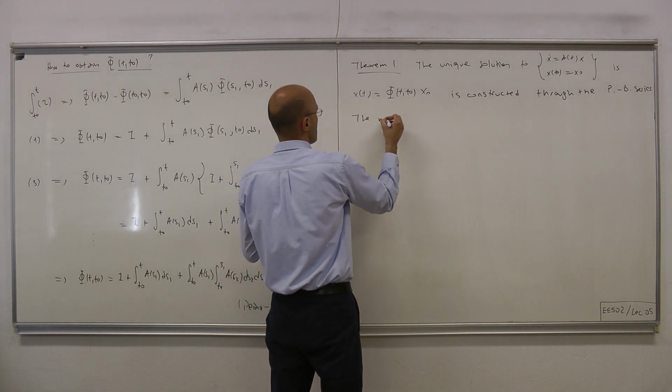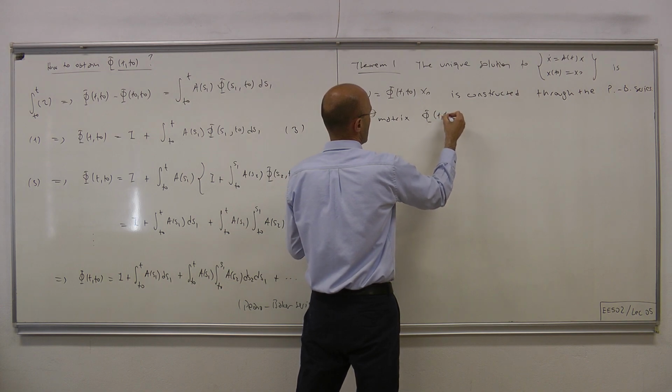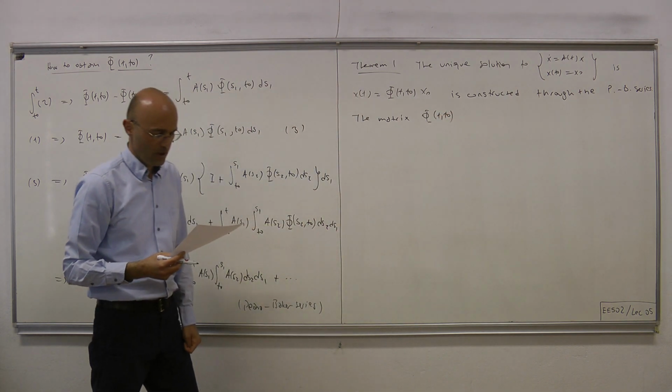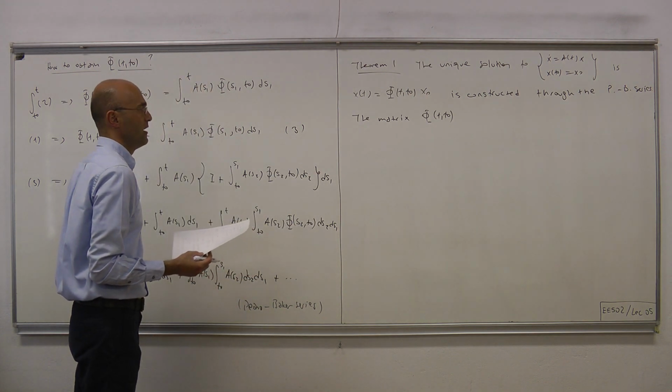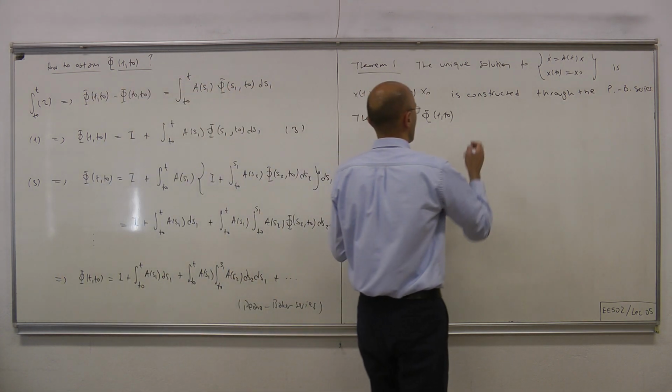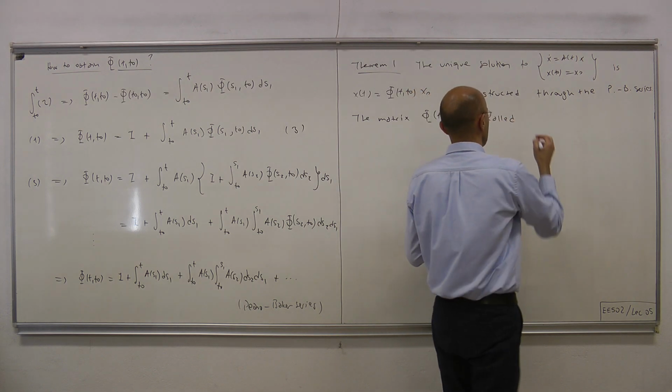The matrix function phi t t0 is therefore given a name. It's called the state transition matrix.